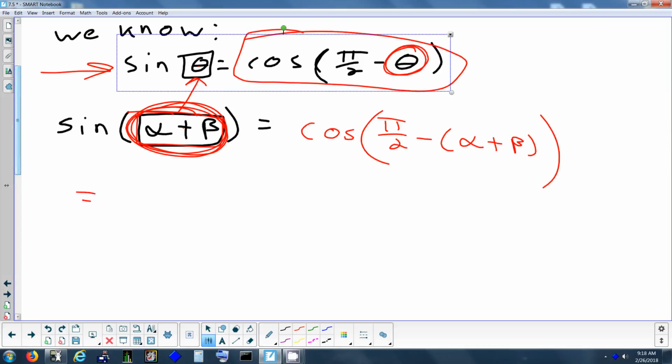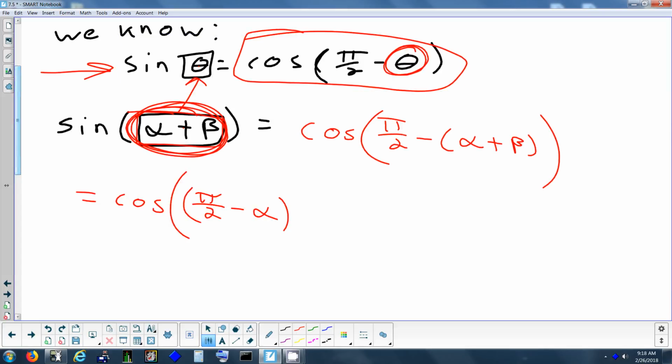So let's start with cosine of pi over 2 minus alpha, and then I'm going to put minus beta. What I really just did is separate it into first and second.